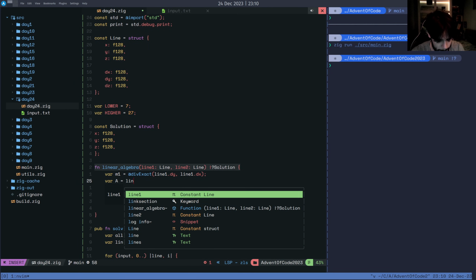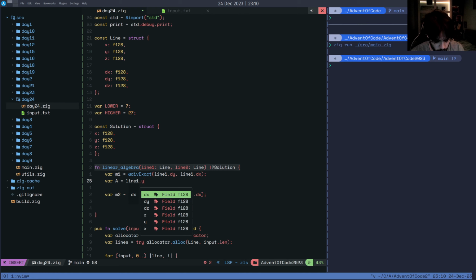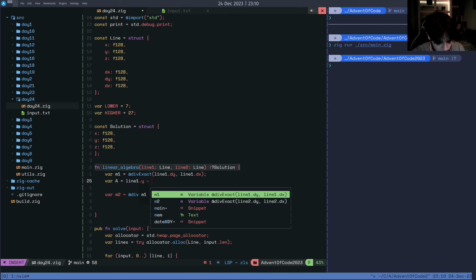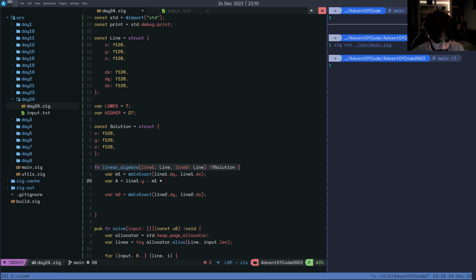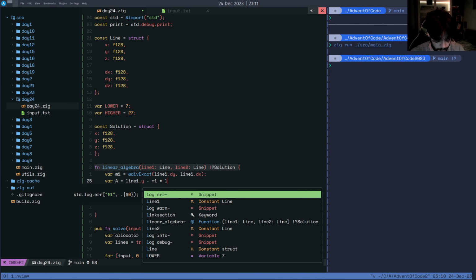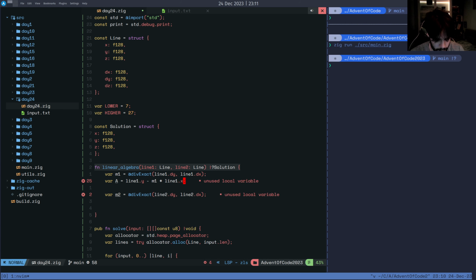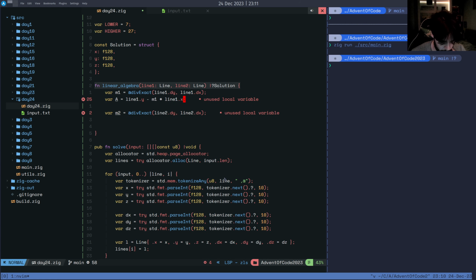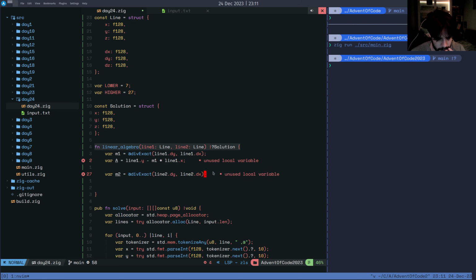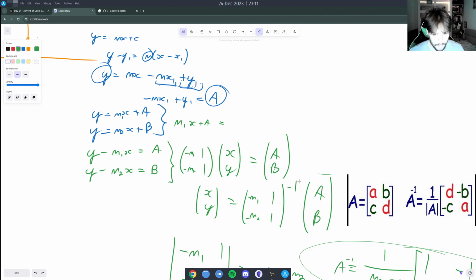So equals y minus line1 dot, actually m1 times x1, so line1 dot x. Yes. There we go, and that's B. And then there we are.